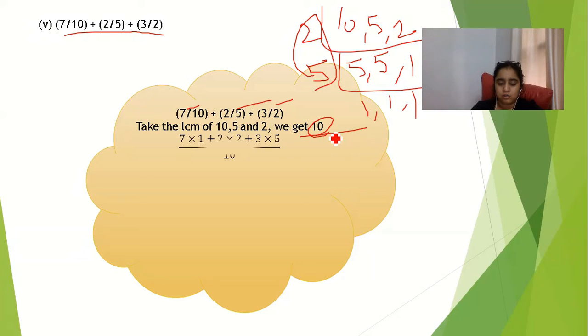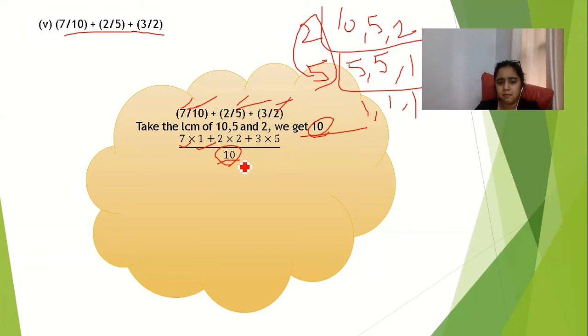What I will do with this LCM is put it here in the denominator position. Now I will divide this LCM by these denominator values, and whatever answer I get, I will multiply that answer with the numerator values. If I divide 10 by 10, I will get the answer 1, and this 1 should be multiplied by this numerator value, that is 7.